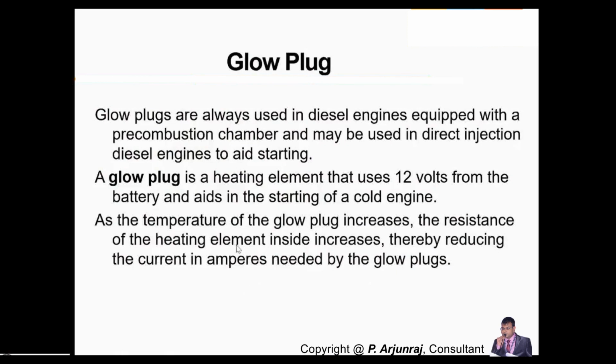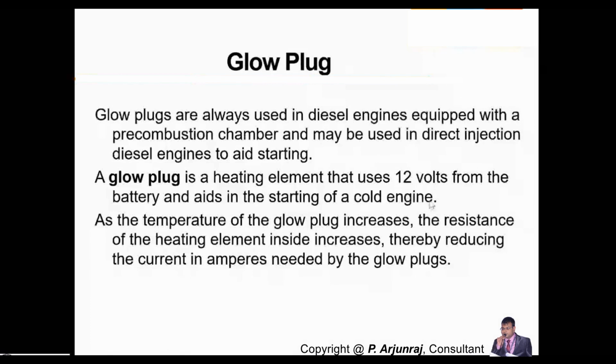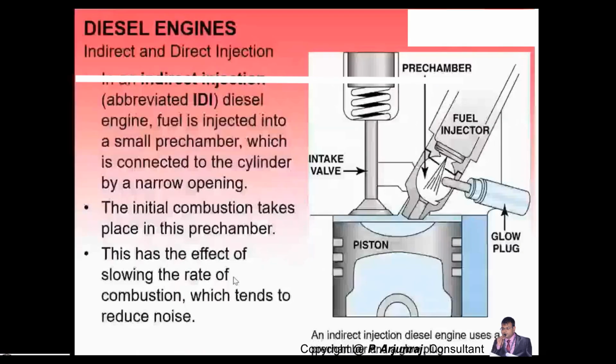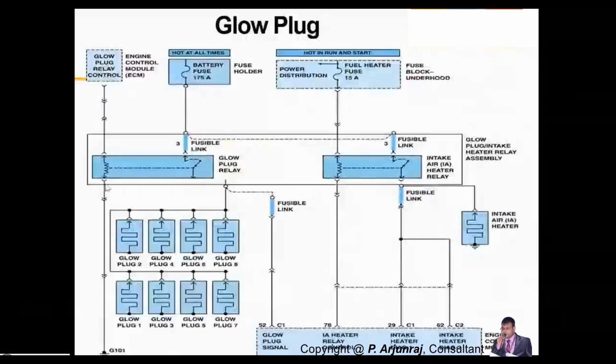So when the temperature is higher, the resistance of the heating element, basically the glow plug, is also going to be higher. This way you get the heating done with the help of the glow plug, which increases the temperature of the fuel.